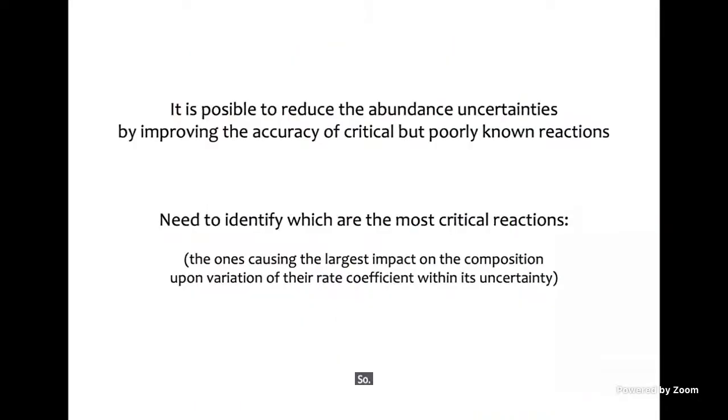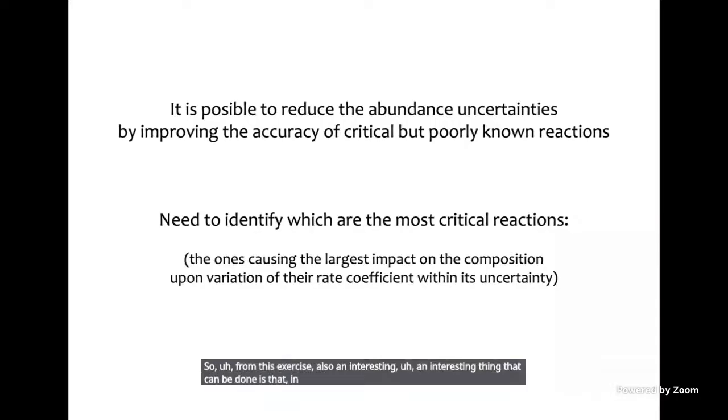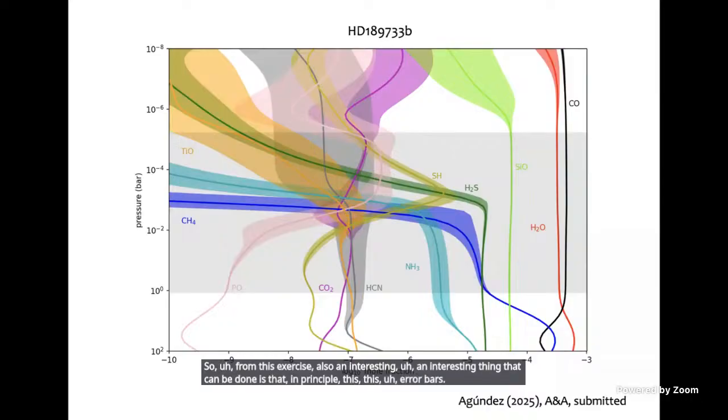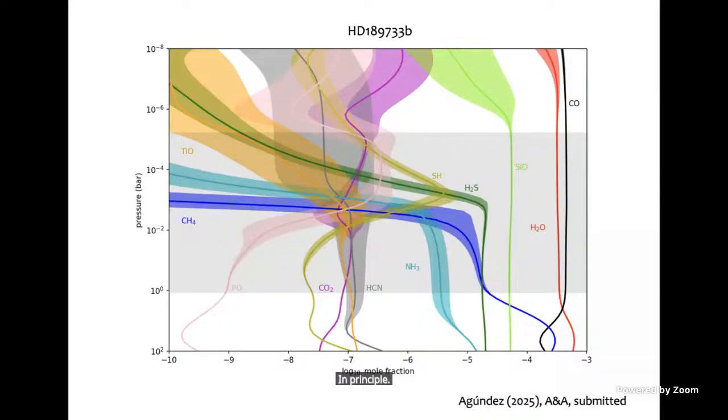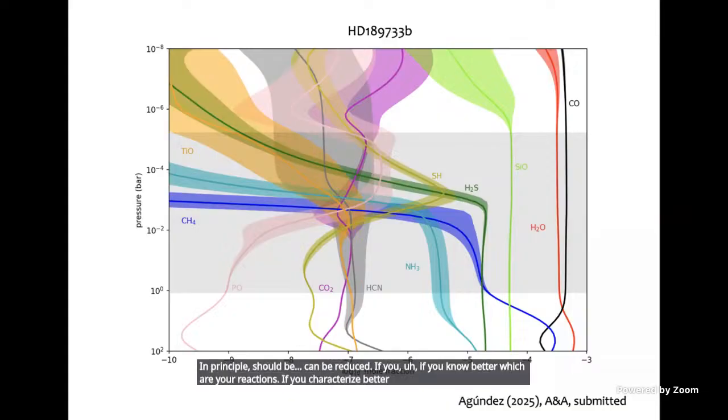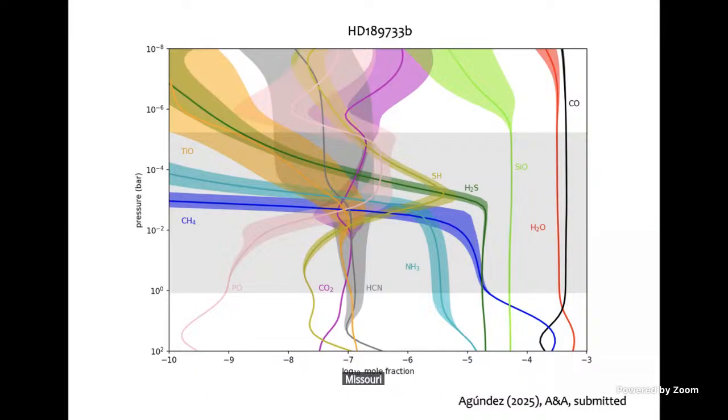So from this exercise, also an interesting thing that can be done is that in principle, these error bars can be reduced if you know better which are your reactions. If you characterize better the most important reactions, and they are better studied, and the rate coefficient is measured over temperature, then you should be able to reduce these error bars.